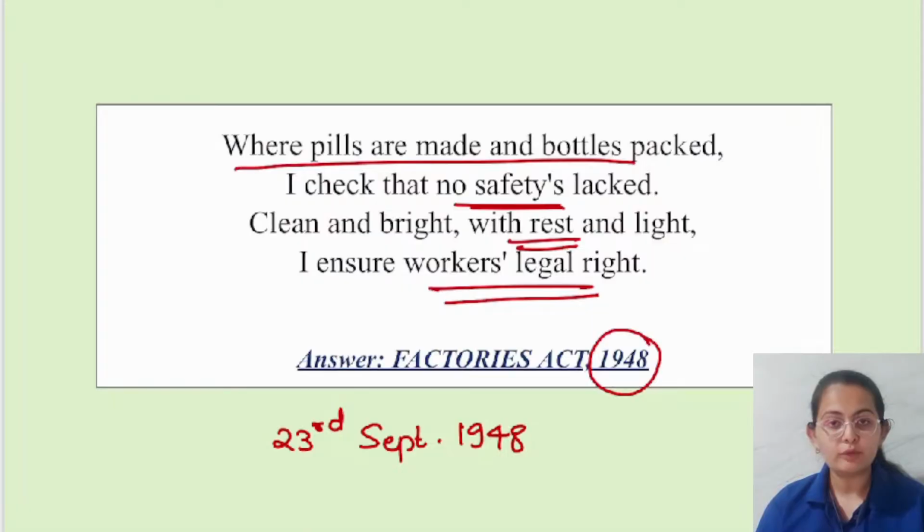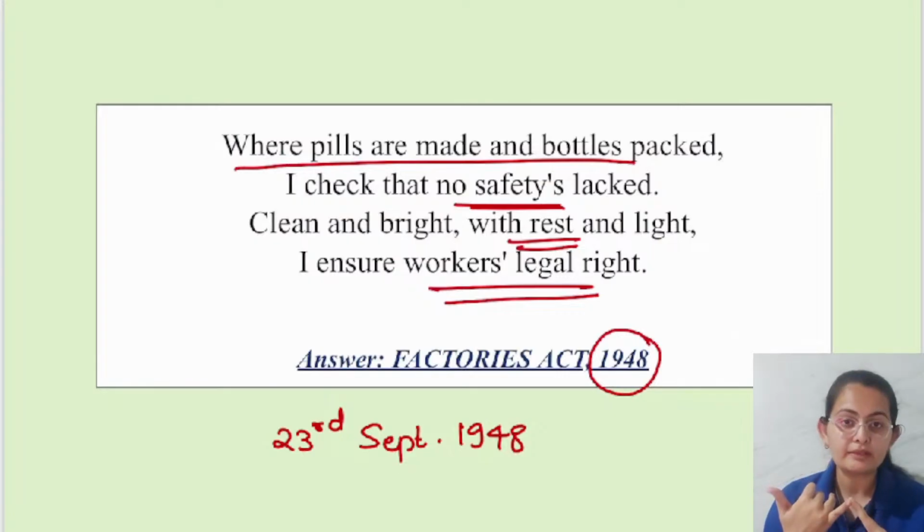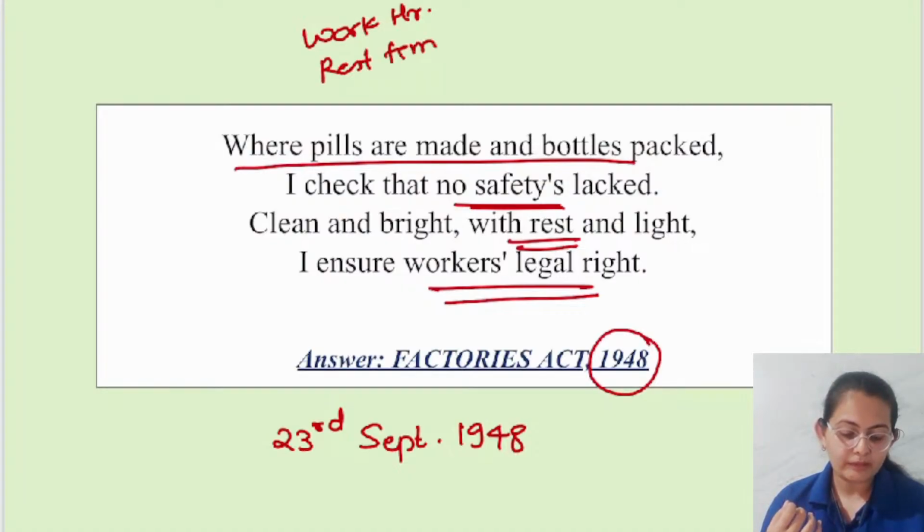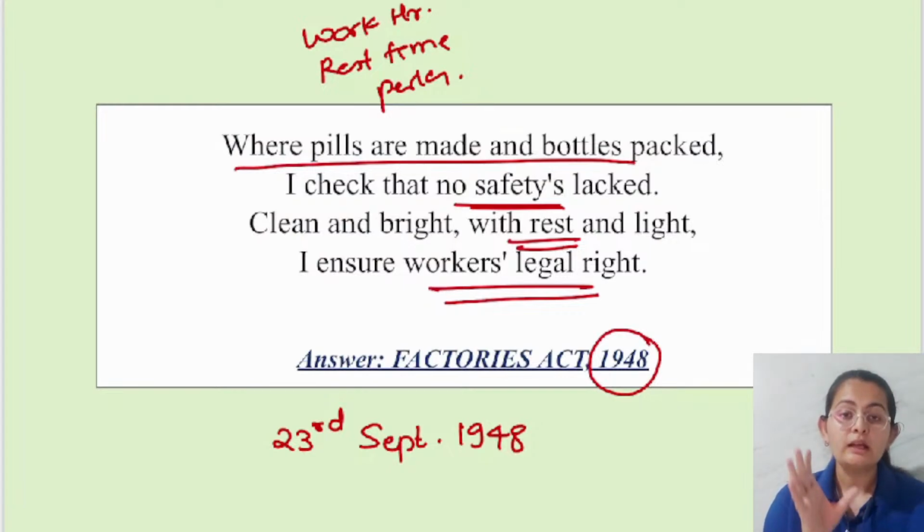In the Factories Act of 1948, you must get to know which people are eligible to work in the industries, what the work hours should be, the rest time, apart from it the perks they are getting, all the legal rights a worker should get in any industry. Children should not be applied to hazardous industries, what the age limit for children should be, and all those things are included.